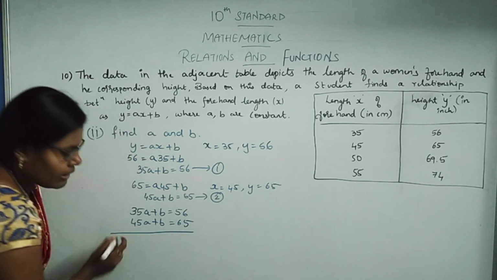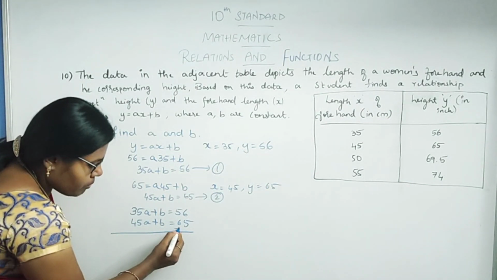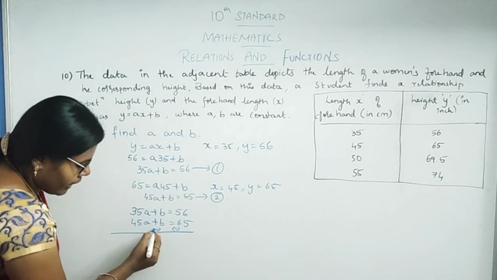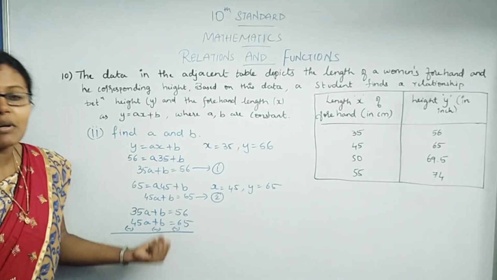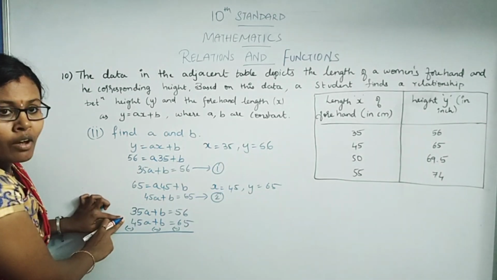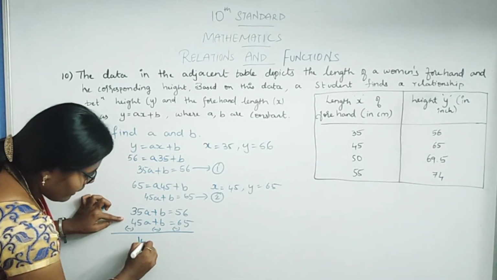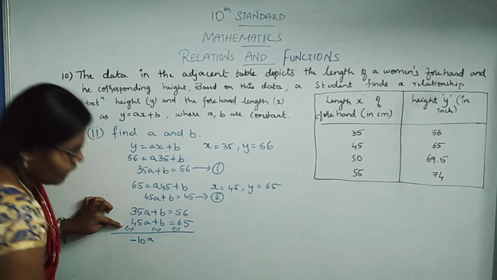So if you take it like this, here you have to change the symbol. If it is plus, it should be minus. Again if it is plus, it is minus. Suppose if you have minus here, it becomes plus. Now, 35 minus 45 is minus 10, taking the greater number's sign, so minus 10a.